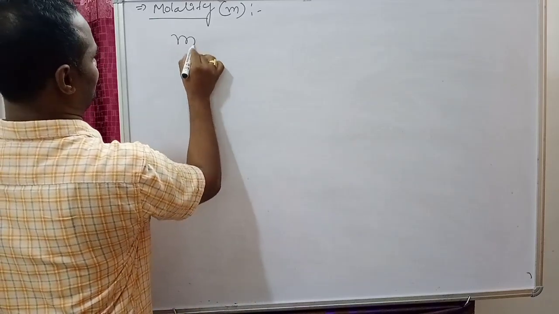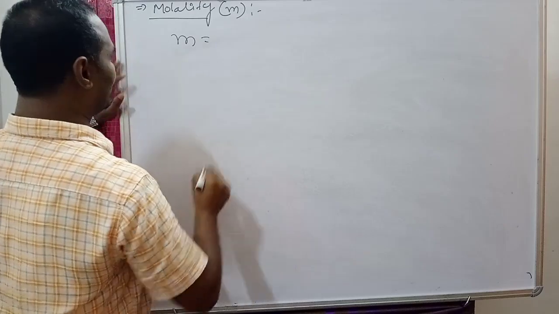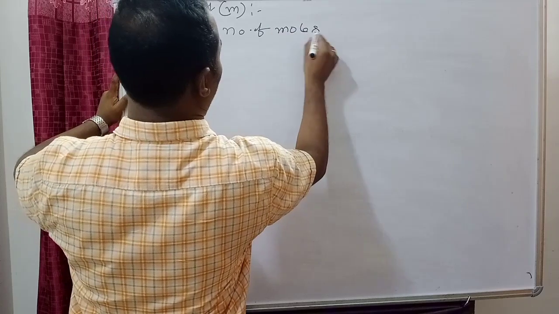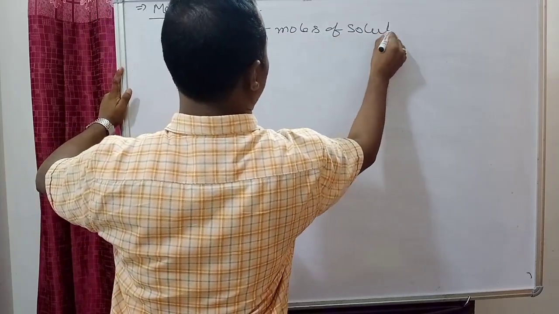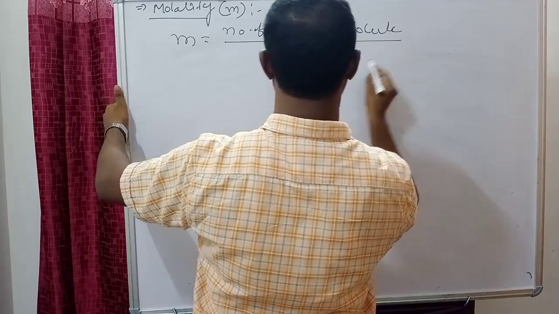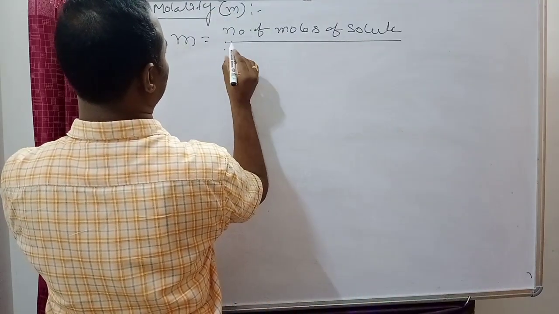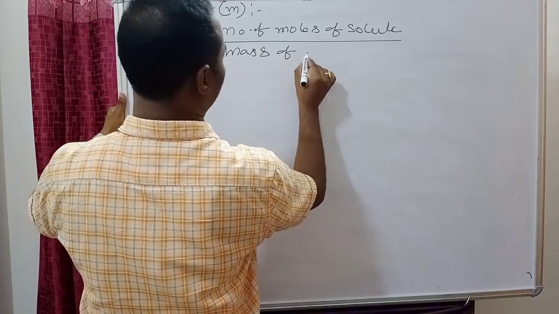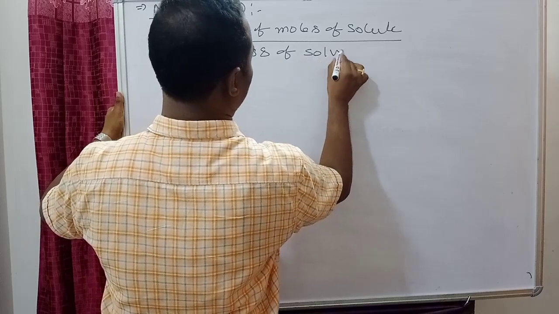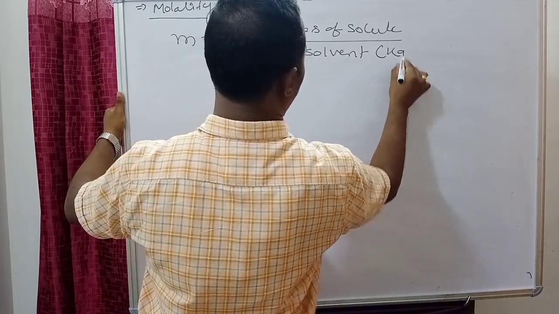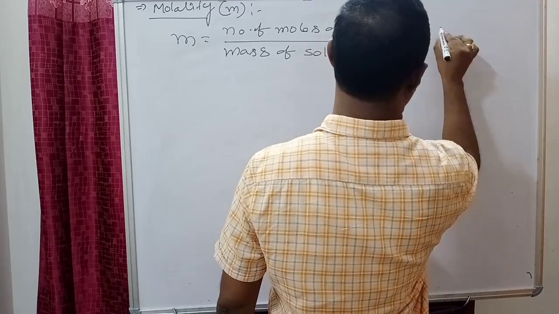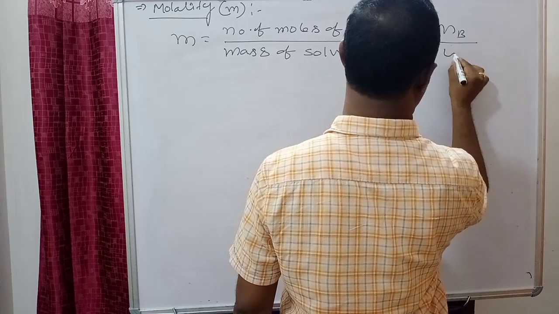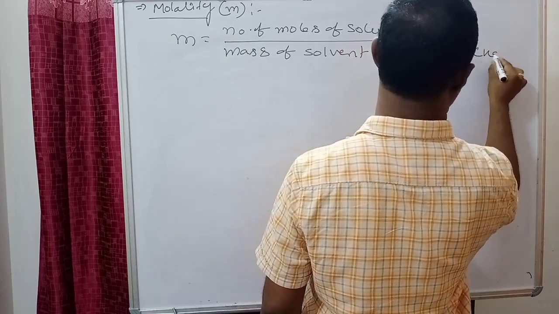Mathematical expression: molality, denoted with small m, is equal to number of moles of solute by mass of solvent in kgs.